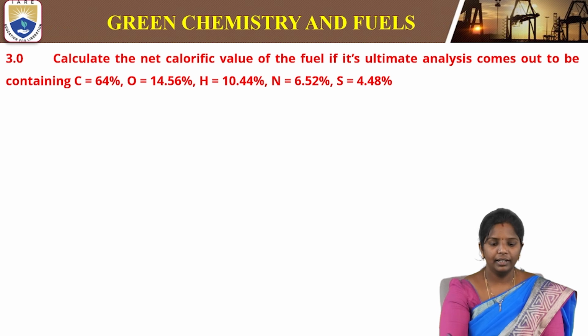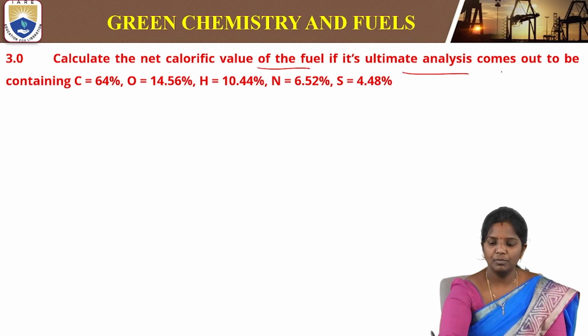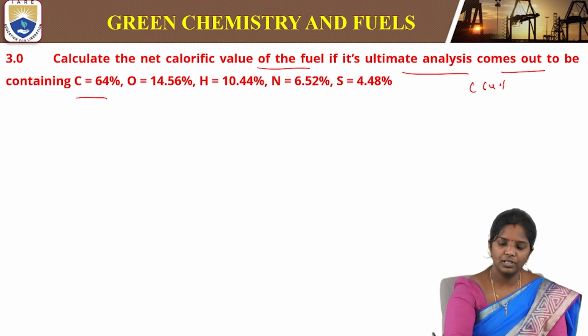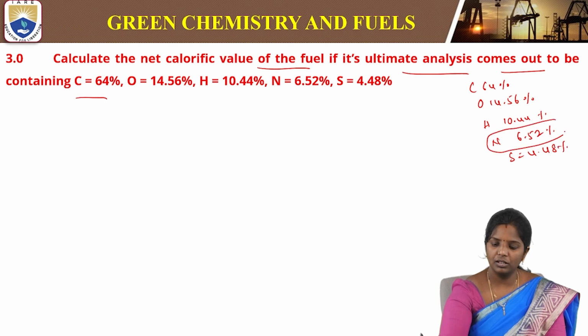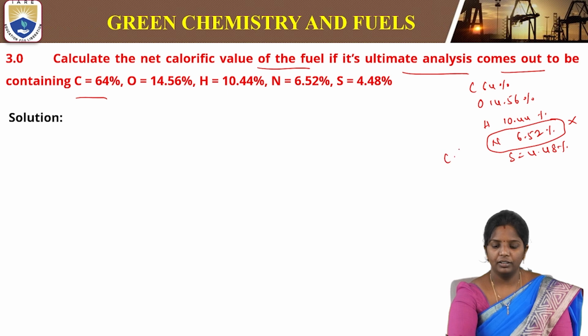Next, calculate the net calorific value of a fuel if its ultimate analysis comes out to be containing carbon is 64%, oxygen is 14.56%, hydrogen is 10.44%, nitrogen is 6.52%, sulfur is 4.48%. So nitrogen is not required because it is not contributing to the calorific value.